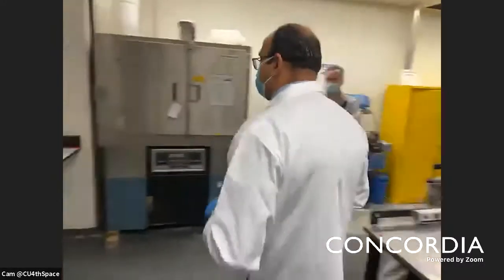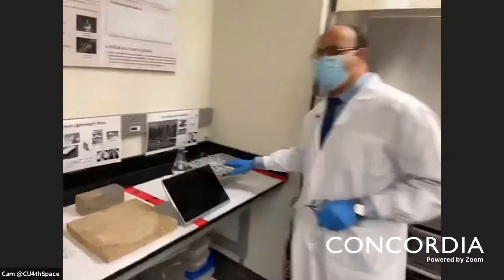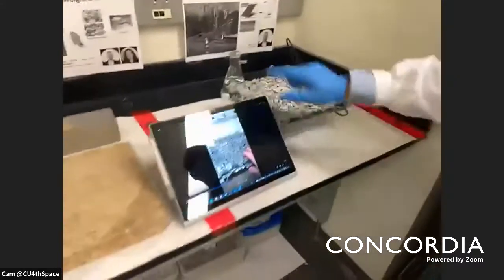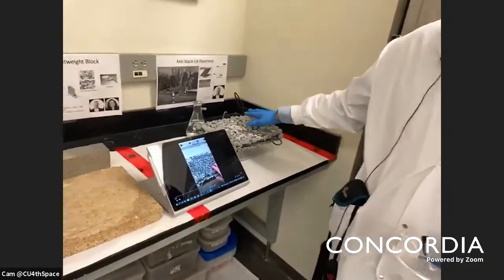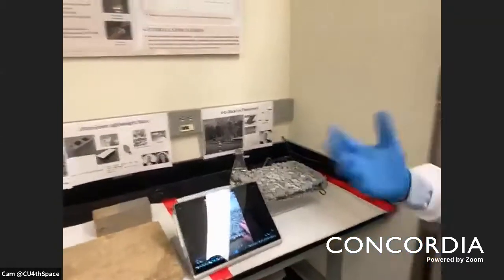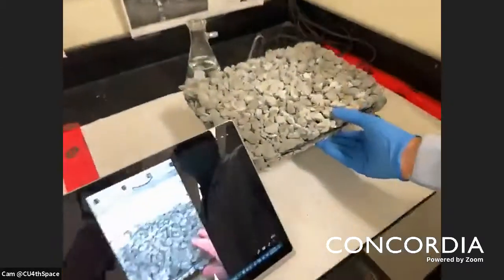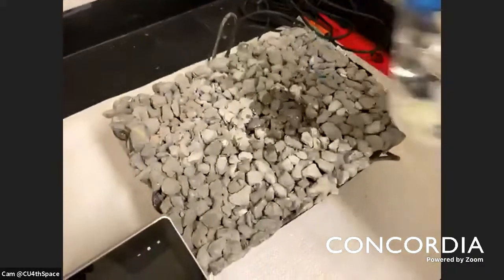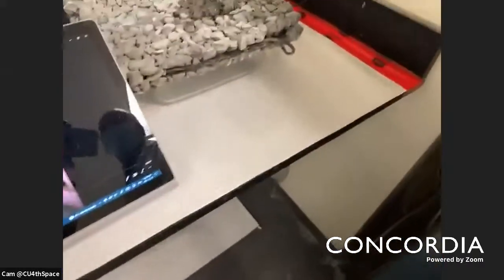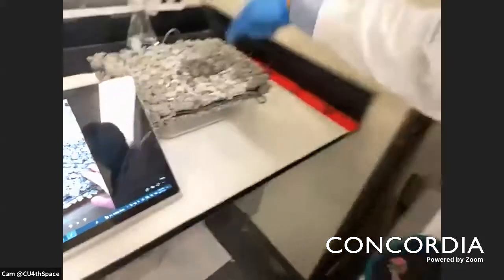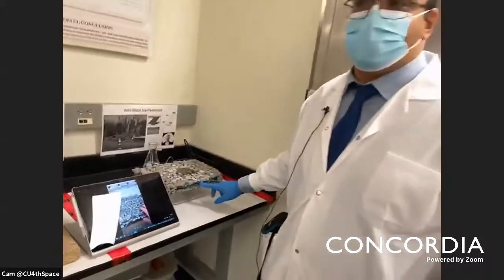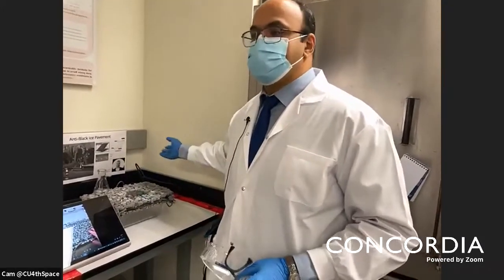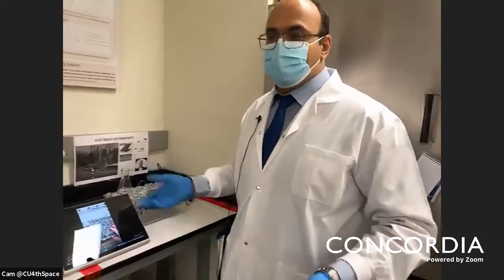We have this, which we call anti-icing. One of my master students, Mohammed al-Makadmi, had the idea to use this pervious concrete. Pervious concrete, actually, when you pour water, you can see it's coming down. So he thought, okay, what if we try to use a heater, and this heat can be from regular electricity or by connecting it to the solar system.